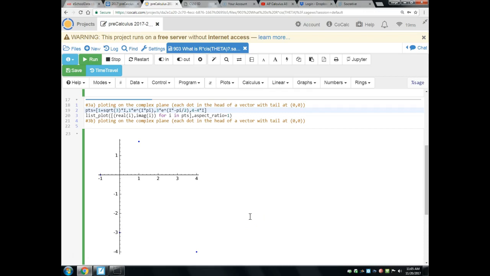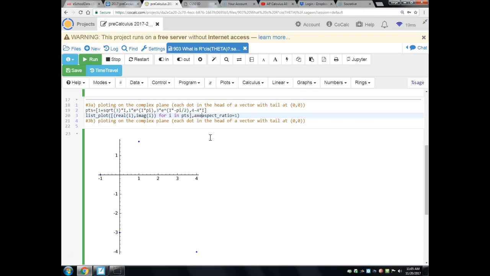Let's see. Want to get fancy? Let's do this again. You know what, let's get even more fancy. What if I put in some labels? Can I put in some labels? Just for fun, we've never done this, just to show you can label your axes.